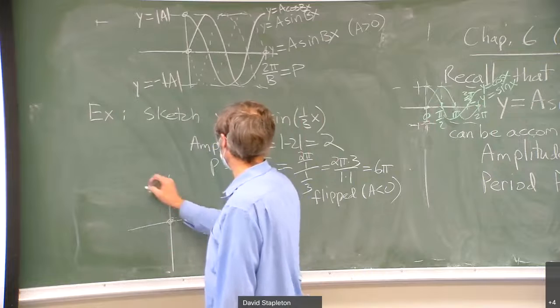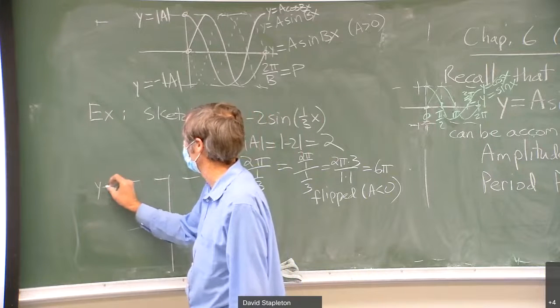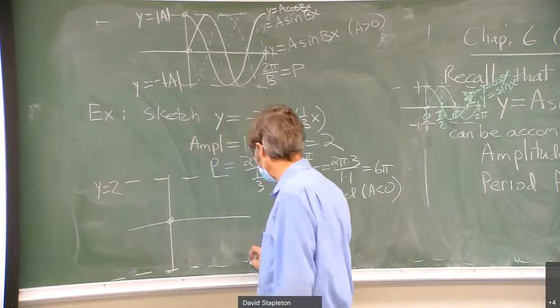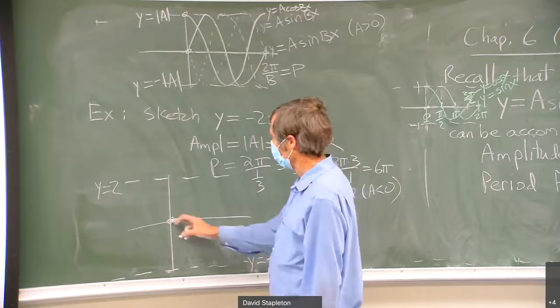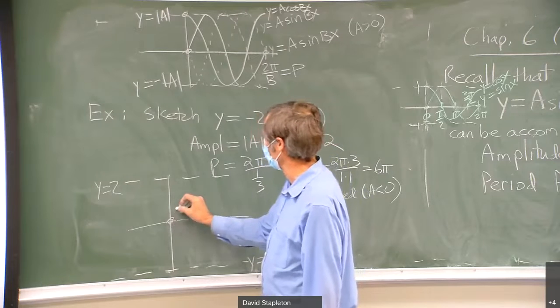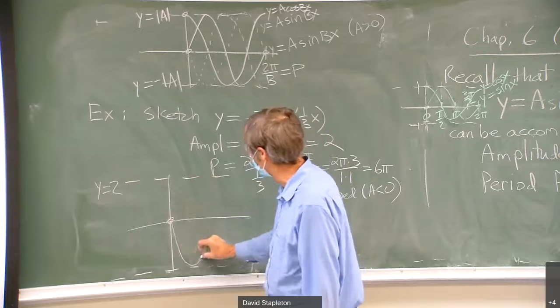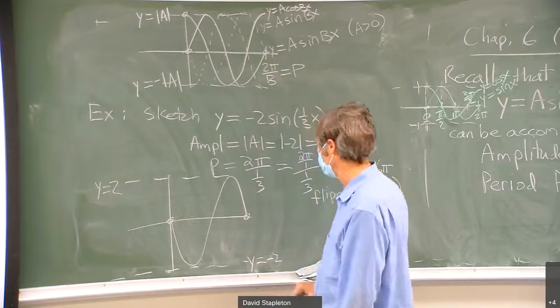And now I just have to draw the guidelines up here, and absolute value of A is 2. And minus absolute value of A is y equals minus 2. And I start at the origin, and instead of going up and back down into the middle, since it's flipped, I go down and back up into the middle. And it looks just like that.